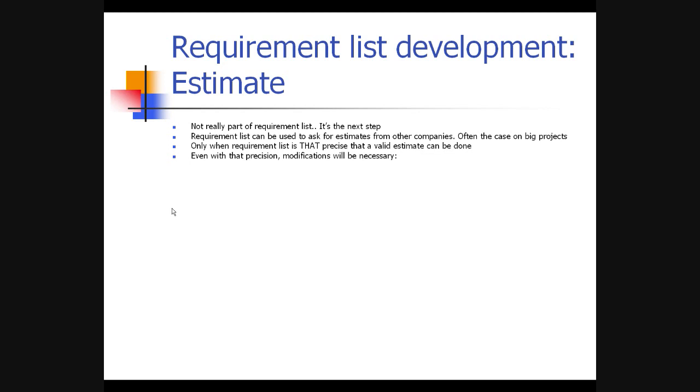Even with that level of precision in the requirement list, modifications will be necessary. Don't kid yourself. There will be things that somebody didn't think about. So either the customer wants something else, or thinks suddenly that he forgot to tell you about one really important thing, or there is a technical problem somewhere that you didn't find when working on the requirement list.